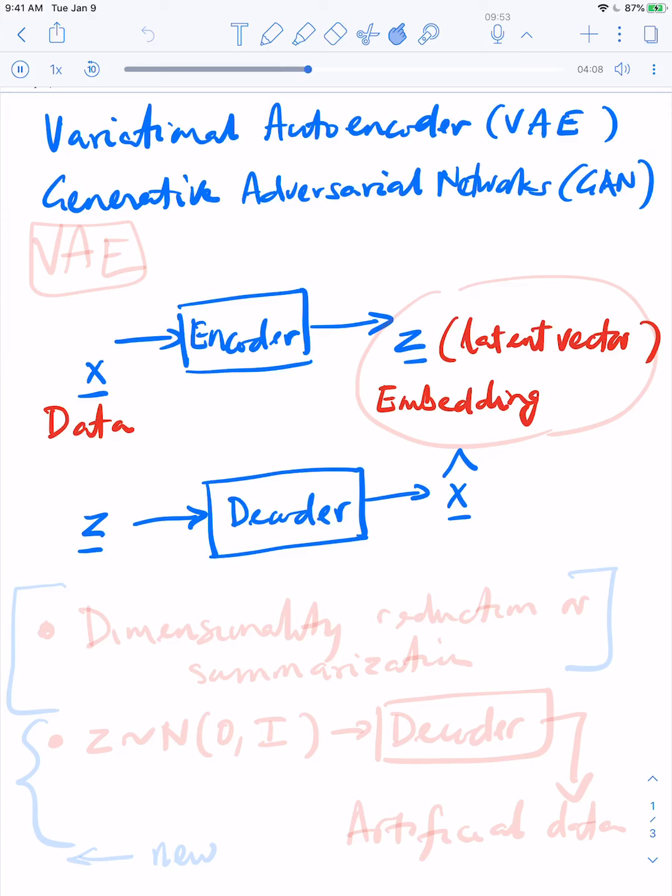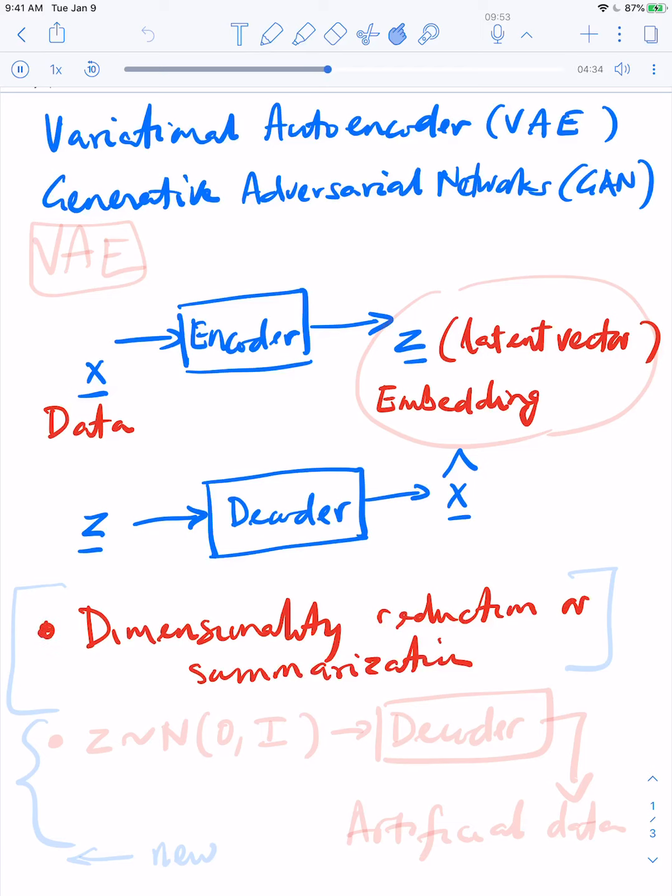And while we are talking about encoders and decoders, how would we use these? Well, of course, the encoder, you can think of it as a dimensionality reduction or summarization. That you can think of very directly from the encoder, right?